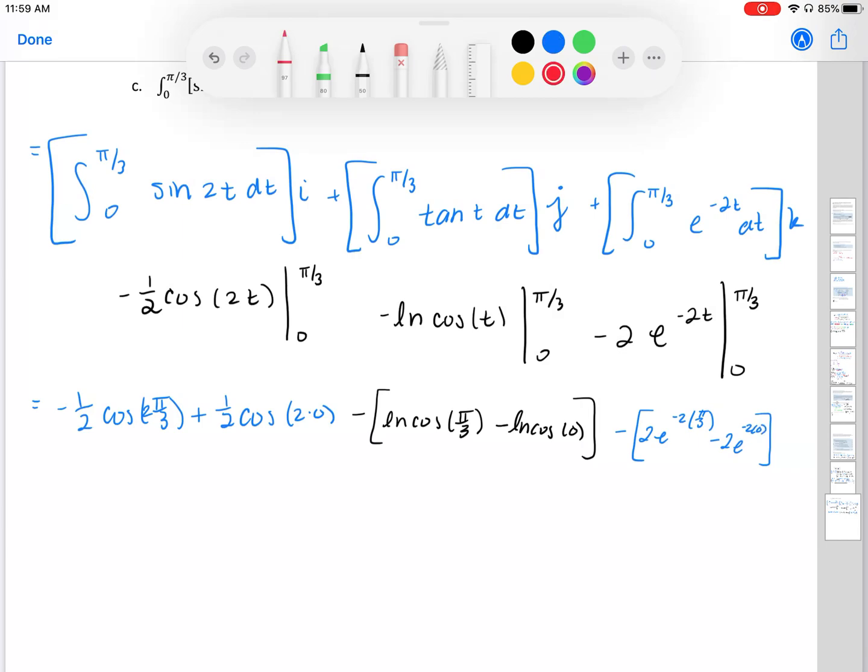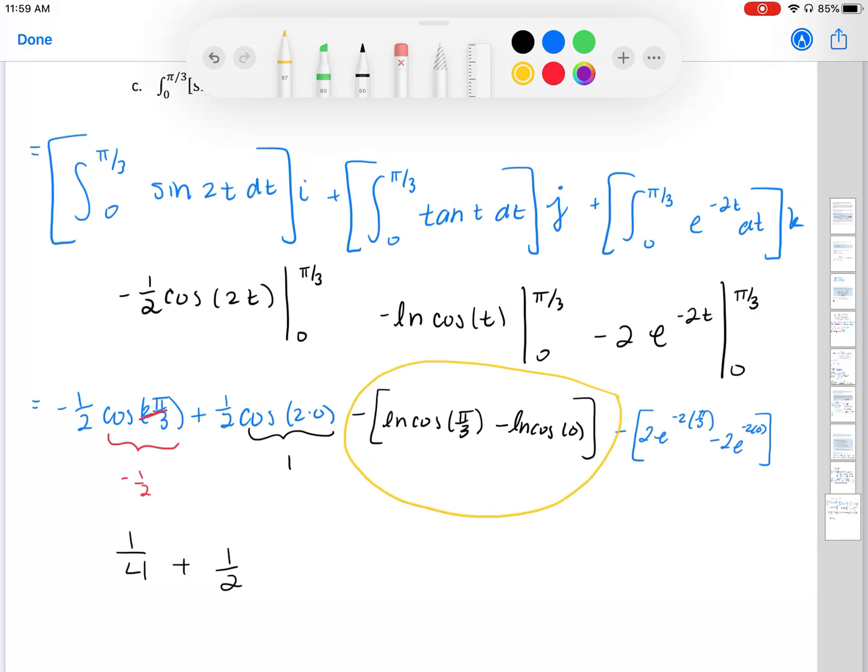Okay, let's clean this up. So this gives us 2 pi over 3. Cosine at 2 pi over 3 is negative 1/2. So negative 1/2 times negative 1/2, we get 1/4. Cosine at 0 is 1, and 1 times 1/2 is just 1/2. And then here your book has a typo.